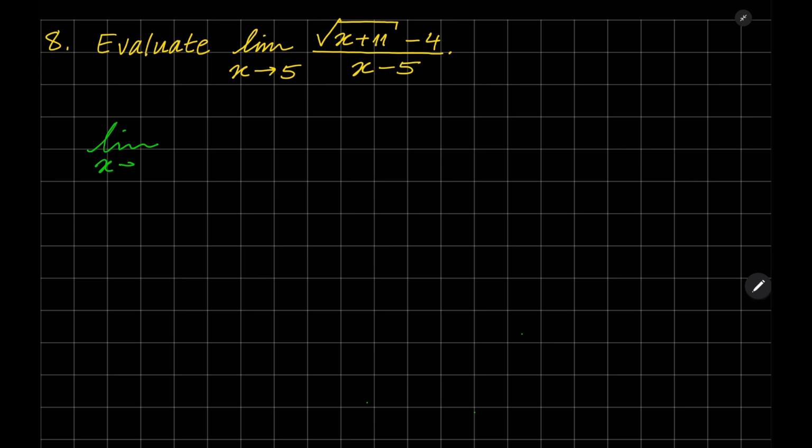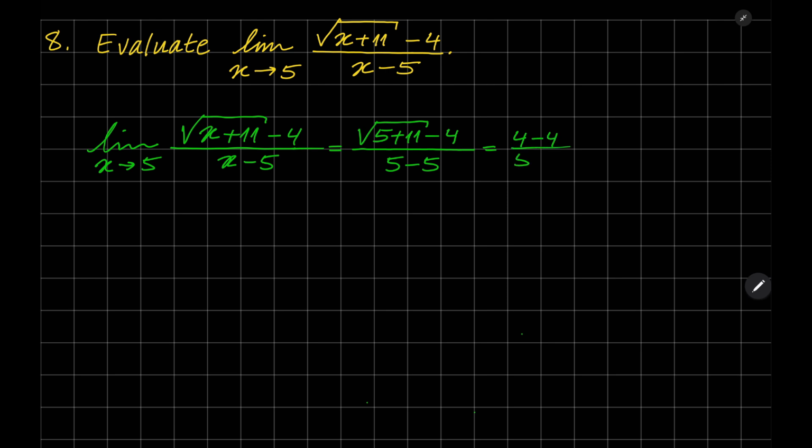Limit as x approaches 5, root x plus 11 minus 4 over x minus 5 is equal to root 5 plus 11 minus 4, 5 minus 5, which is equal to 4 minus 4 over 5 minus 5, which is equal to 0 over 0, which is indeterminate again.